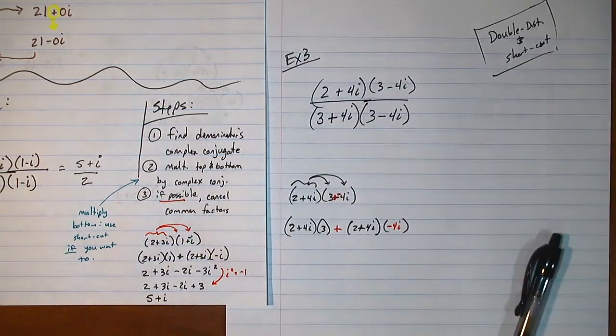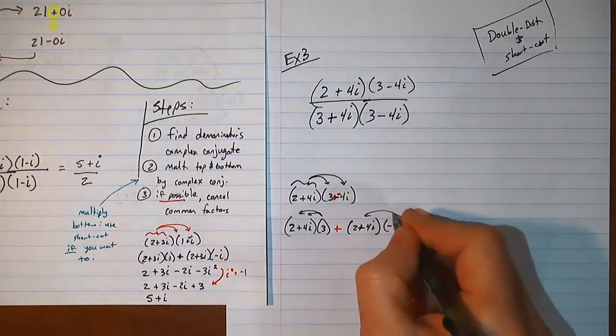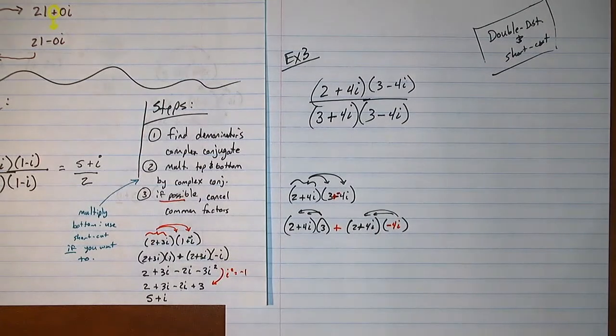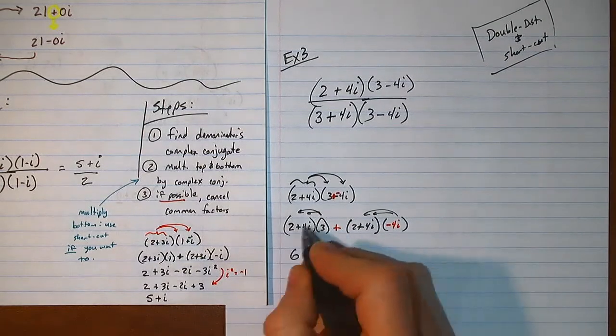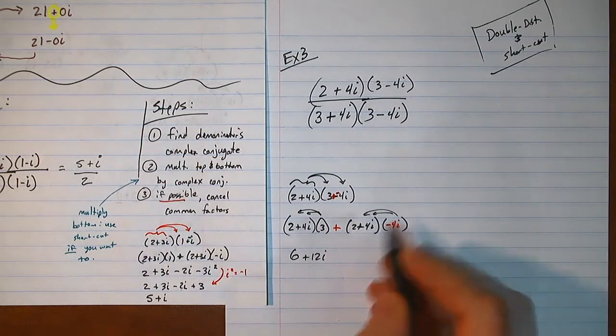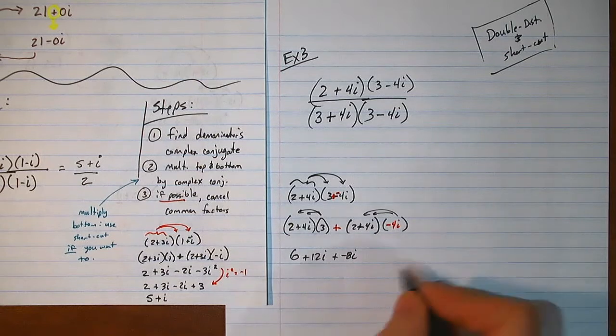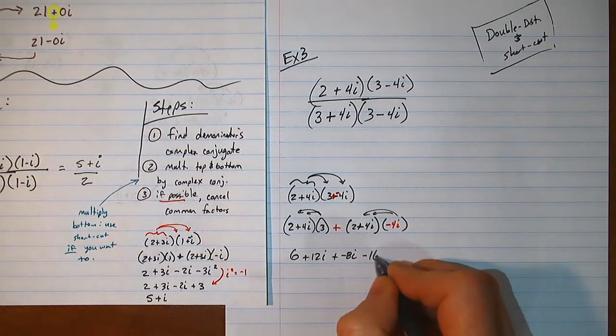So I've made that change, plus a -4. Now I go through with my second distribute. So 3 times 2 gives me 6. 3 times 4i gives me 12i. And -4 times 2 gives me a -8i. -4 times +4 gives me a -16i squared.